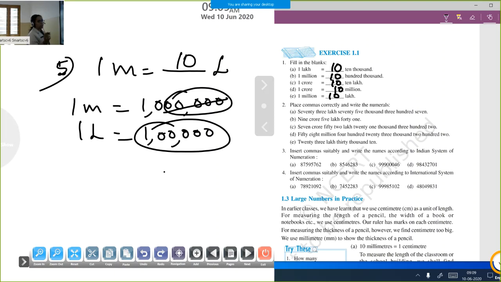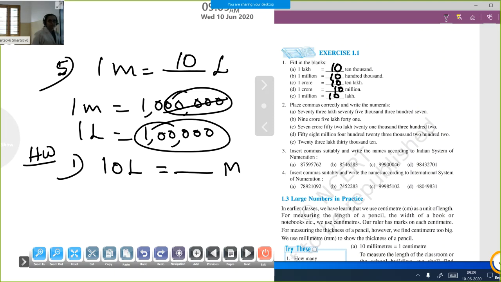See some questions for you. Homework, write it down. Only 3 questions teacher is giving. 10 lakh equal to dash million.